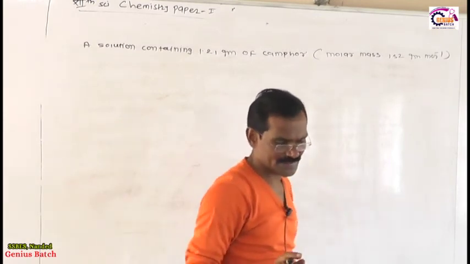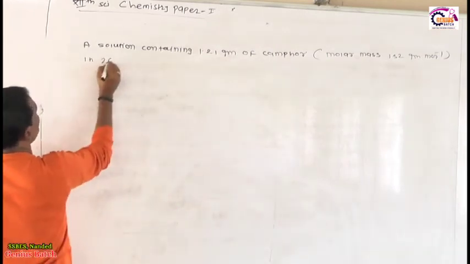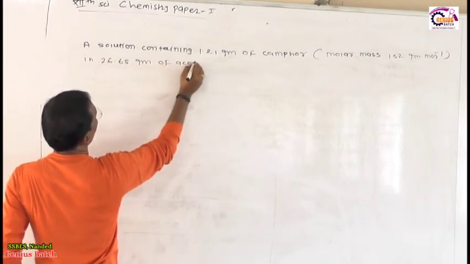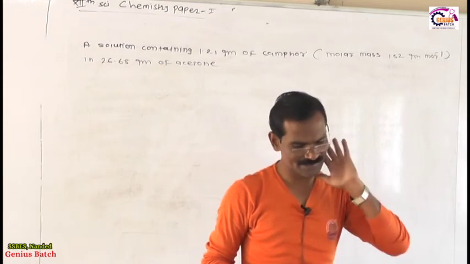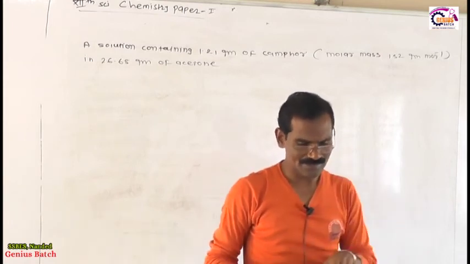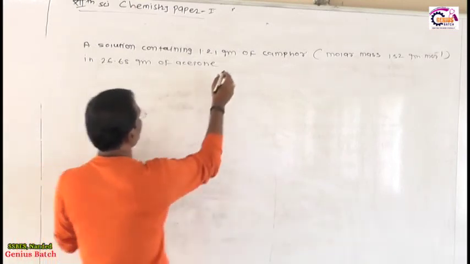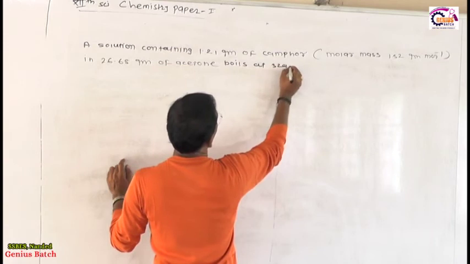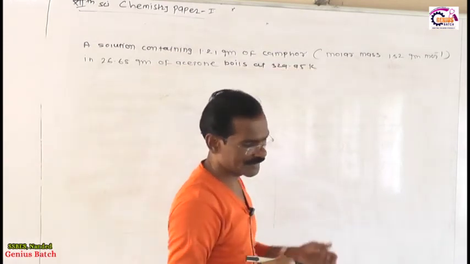In 26.68 gram of acetone, the solution boils at 329.95 Kelvin.